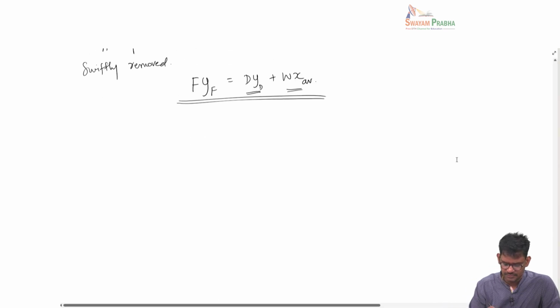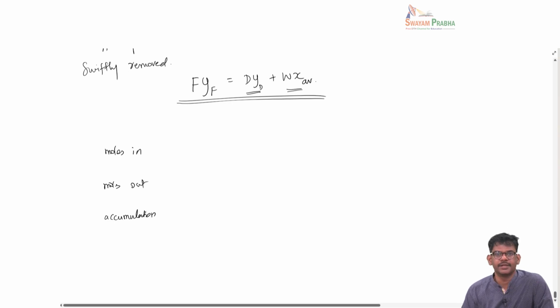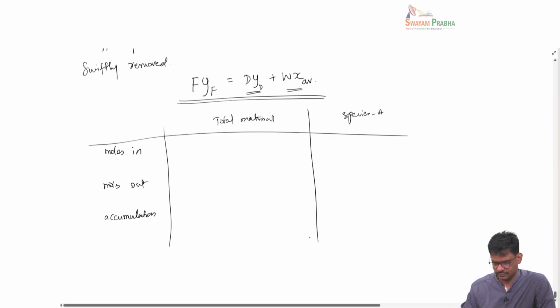So here we'll do the mole balance: moles in, moles out, accumulation, for total material and species A. Moles in is 0 for both, moles out is dL, and here this would be x dL.